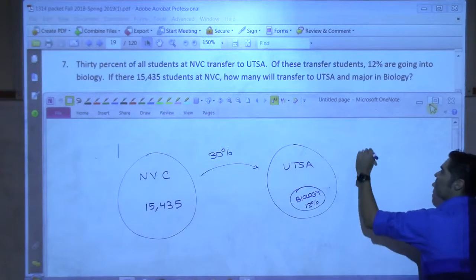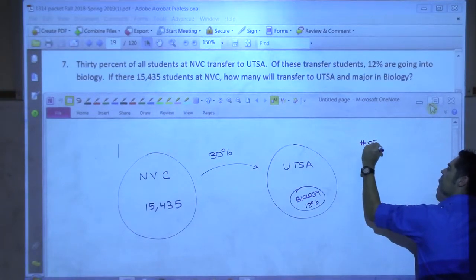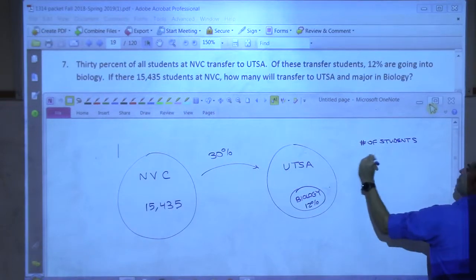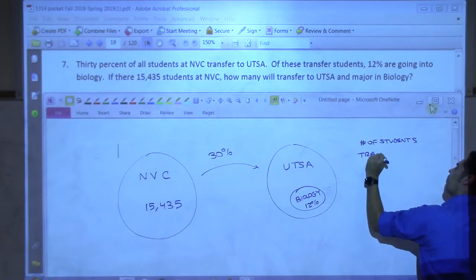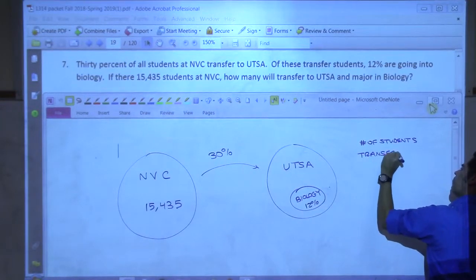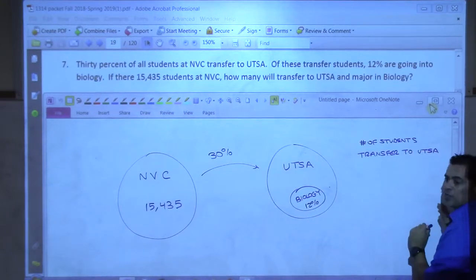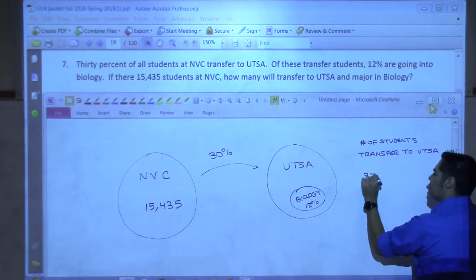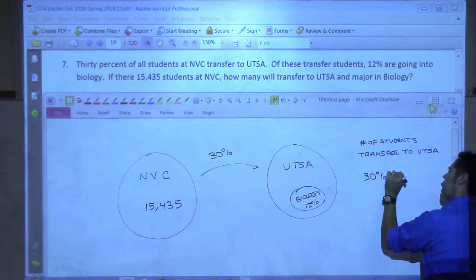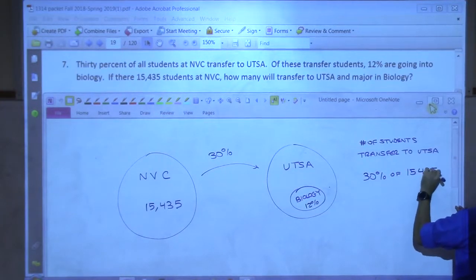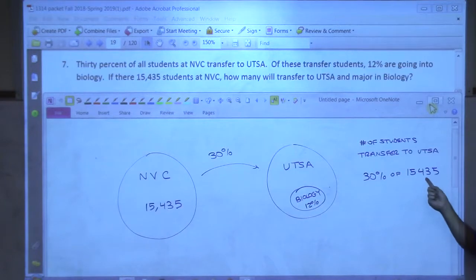So let's figure out the number of students transferring to UTSA, right? Which is 30%. So that means I need to do 30% of 15,435, right? 30% of the Northwest Vista students are going to transfer to UTSA.